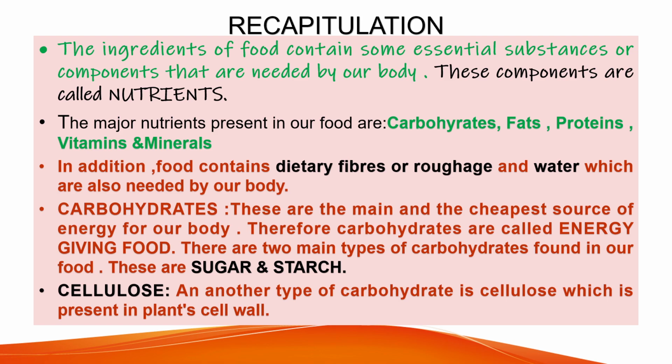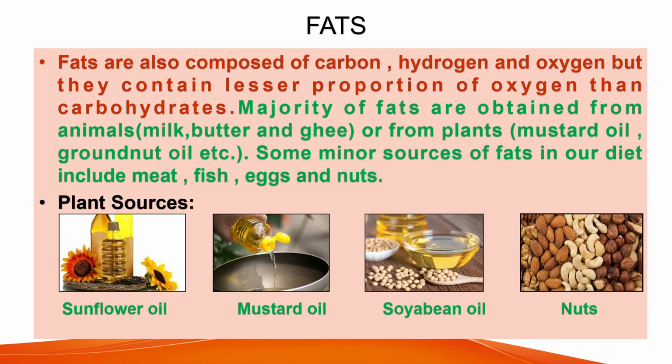One more type of carbohydrate is cellulose, which is present in plant cell wall, but we humans cannot digest this cellulose. It can be digested by grass eating animals, which are also called ruminants, like horse, goat, cow, buffalo, etc.